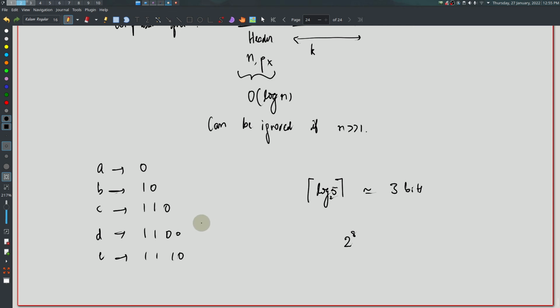So think of this as something similar to Morse code, right? If you've heard of Morse code, you basically represent characters using dots and dashes.